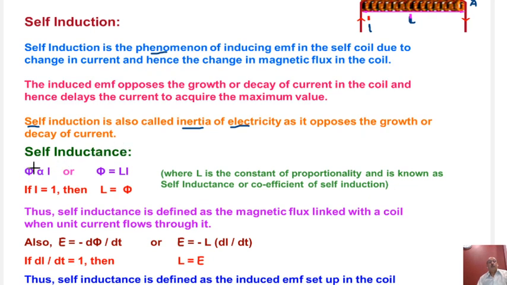As we know, flux is equal to B dot A, and for a coil, B is equal to mu 0 N i.